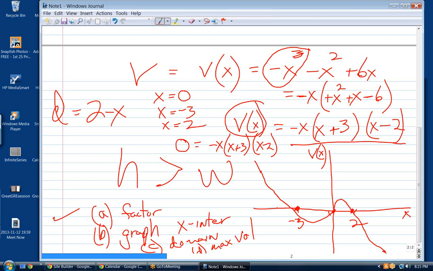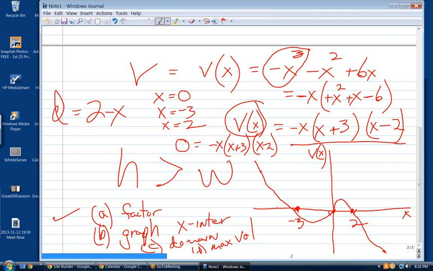So what's the domain? The domain being all of the allowable values for x. What can x be here? Remember that here's the graph of our function, and v of x has to be positive, doesn't it?